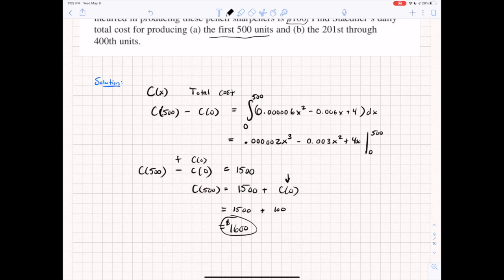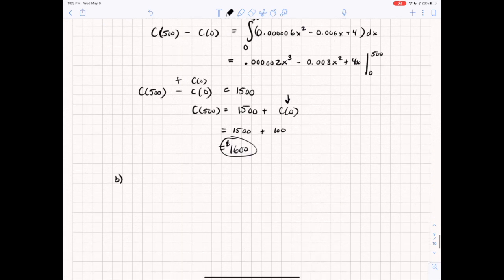Now, if I want to calculate the cost of producing the 201st through the 400th, then what I am doing is finding the difference in cost between 400 and 200. This means I'm trying to evaluate an integral from 200 to 400 for, again, my marginal cost function. So I'm going to copy that down because I'm going to be lazy here.